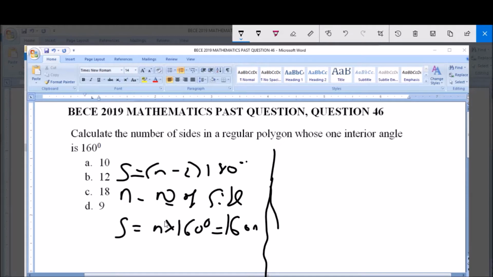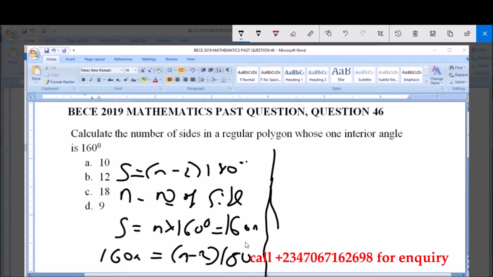So our S, sum total of the interior angles, is equal to 160n. Therefore, 160n is equal to n minus 2 multiplied by 180.